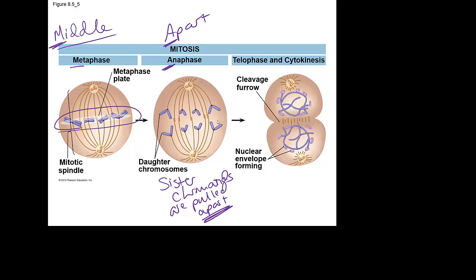And you see, as soon as they're no longer connected, we now call them chromosomes. We only talk about them being chromatids when they are connected together at that centromere.